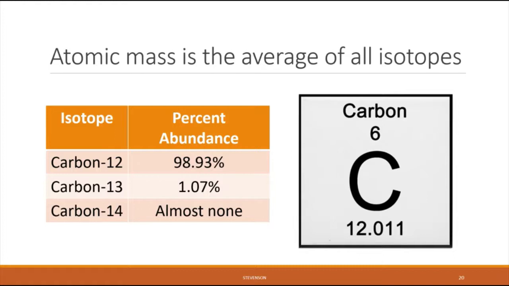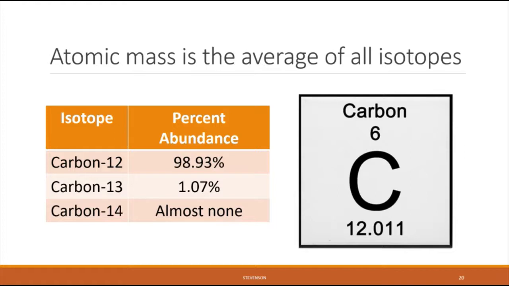Almost all of it is carbon with a mass of 12. A little over 1% is carbon with a mass of 13, and almost none, a negligible amount, is carbon-14. This means when you average out the mass of all carbon that we are aware of on Earth, the mass comes out to just a little bit above 12.